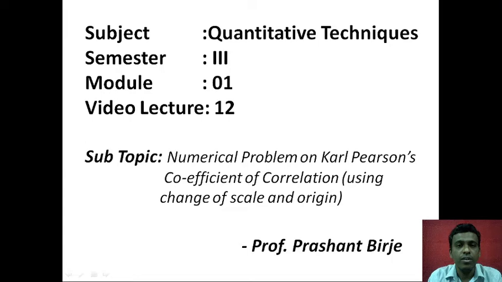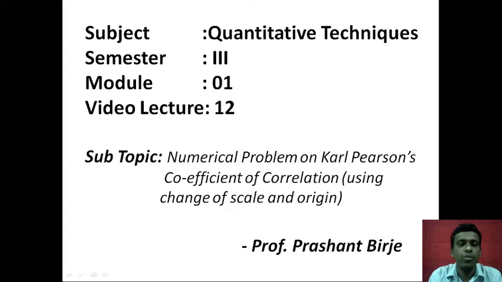So what should you do? Instead of going through all these rigorous steps, you can simply make one change in the initial step, that is change of scale and change of origin, and reduce the given values of x and y into smaller, more easy numbers to calculate. So this is what we are going to do in today's problem.